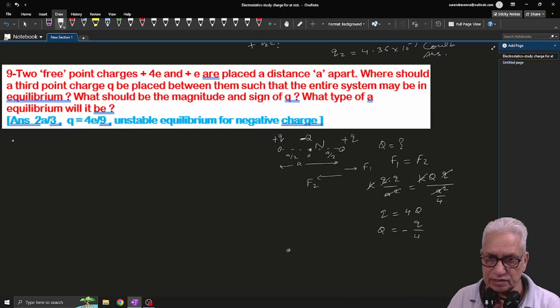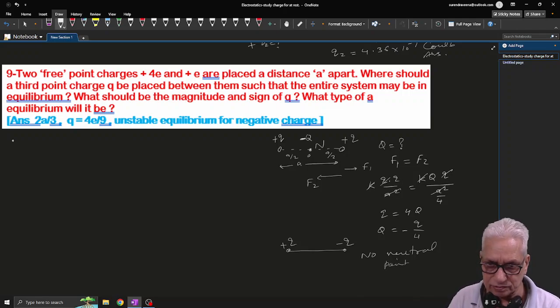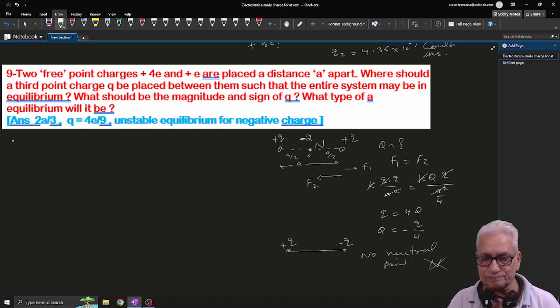Now on the contrary, if we are taking a positive charge here and a negative charge here, there is no neutral point. Just mind it, there is no neutral point. It does not exist if both are equal and opposite.